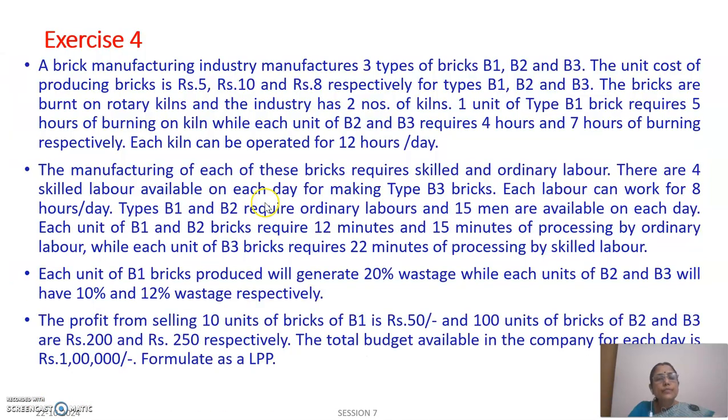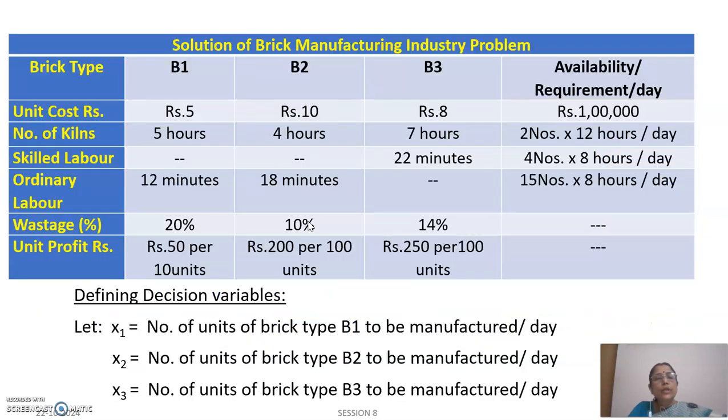And then B3 requires skilled labor, and it says that skilled labor requires 22 minutes for making 1 unit of brick B3. And brick B3 does not require ordinary labor. Similarly, bricks B1 and B2 do not require skilled labor.